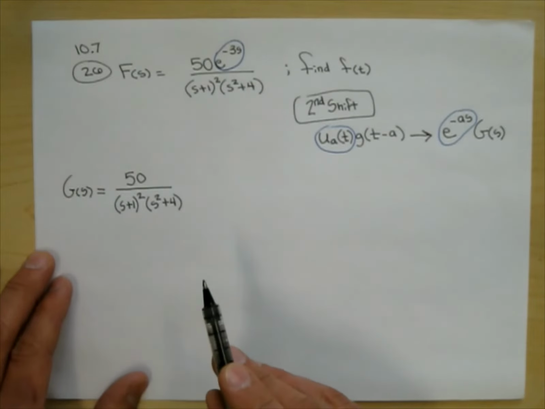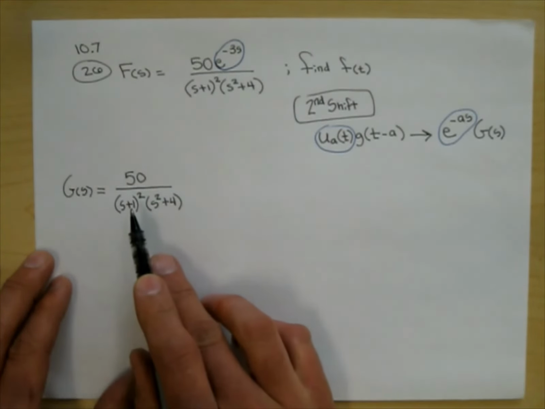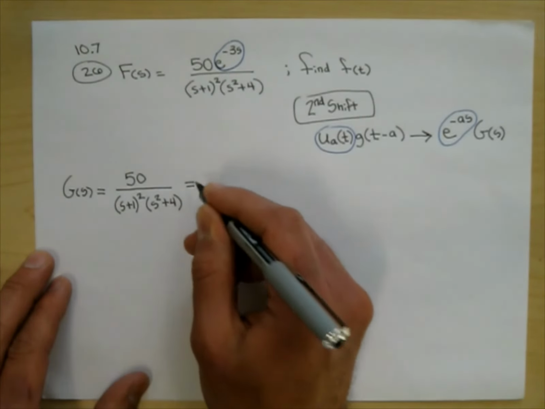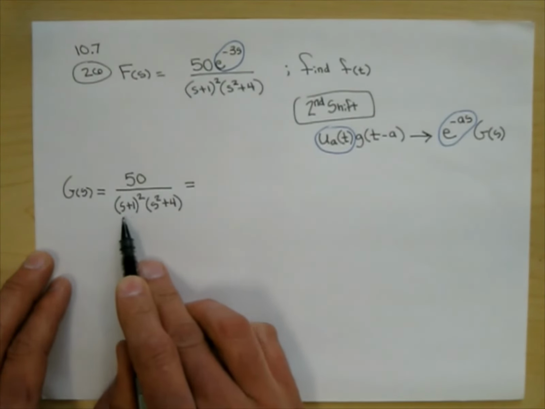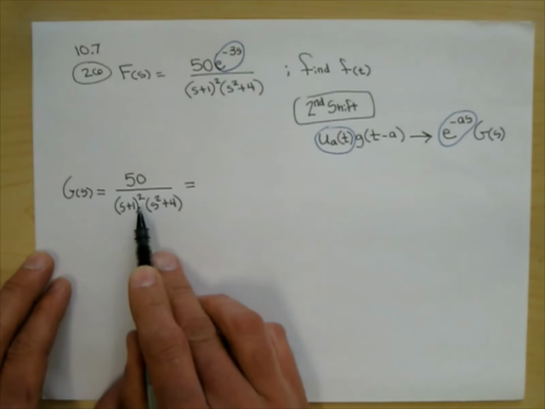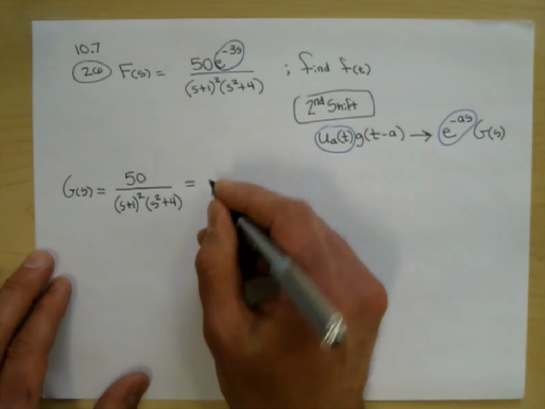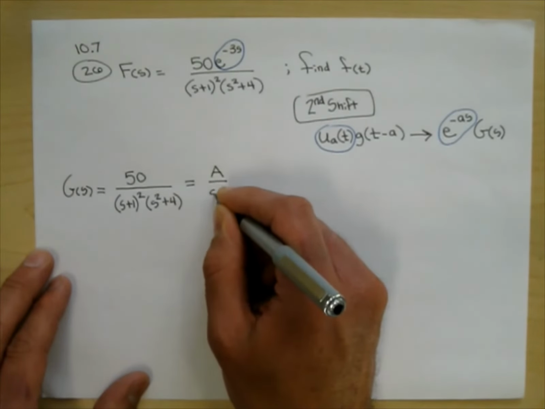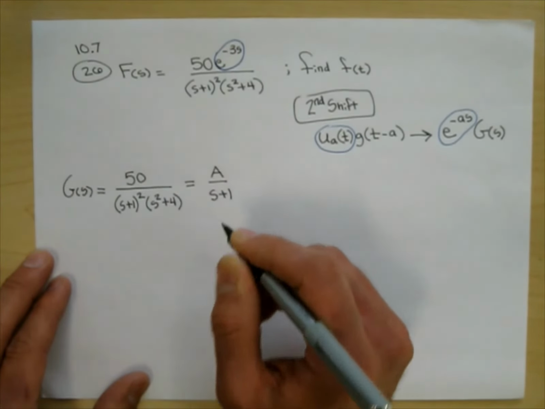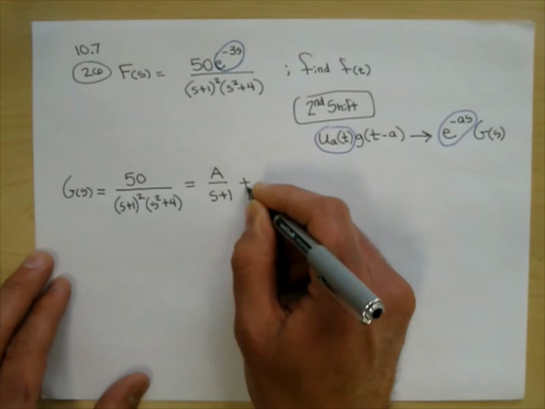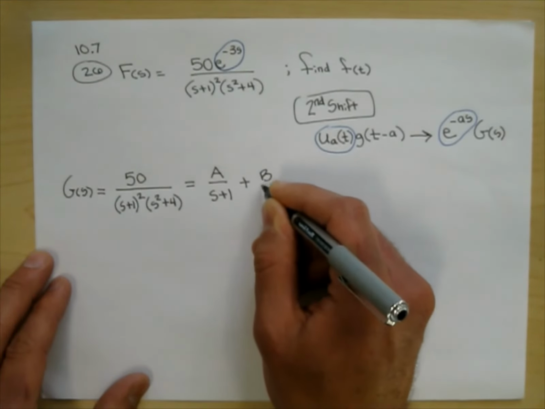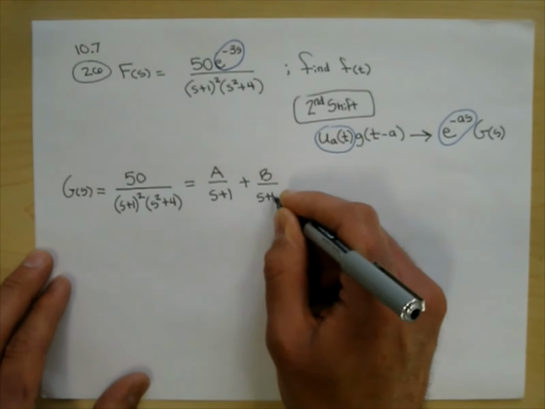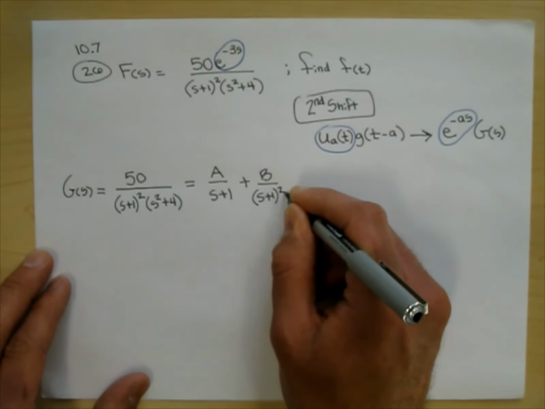So let's decompose this expression. I have a linear factor down here that is squared, so I'm going to take care of that by going A over s plus 1 plus B over s plus 1 squared.